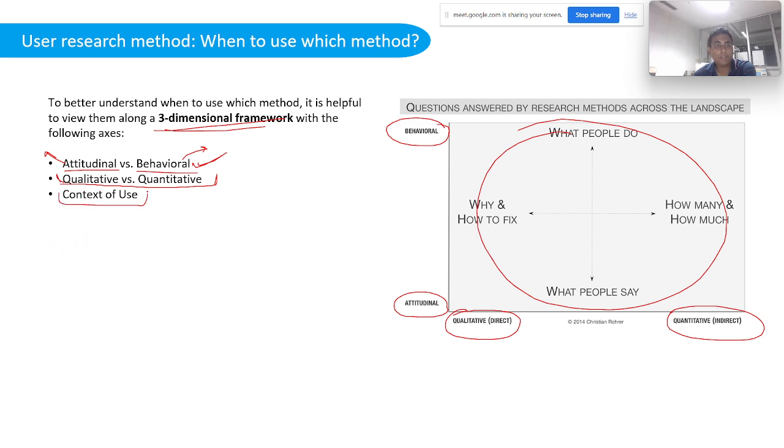Then context of use. What is the particular thing you are trying to understand? For example, you try to understand what people do. That is related to activities, so you may perform task analysis, or you may do contextual inquiry.